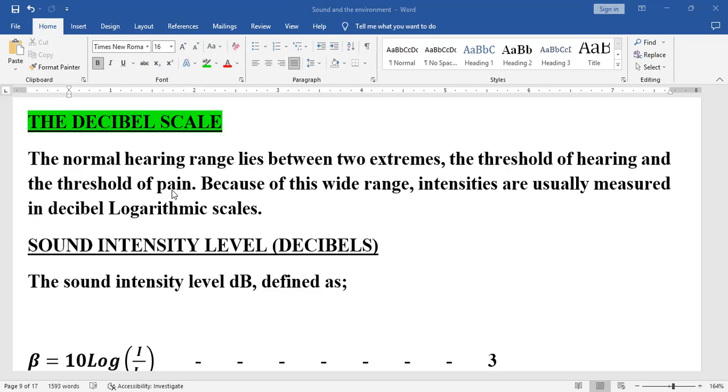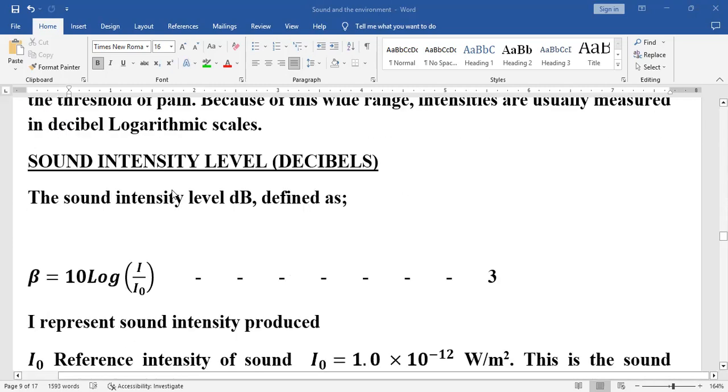That now takes us to the sound intensity level. Whenever we are measuring sound, we use the sound intensity level, which is measured in decibel. What is sound intensity level?